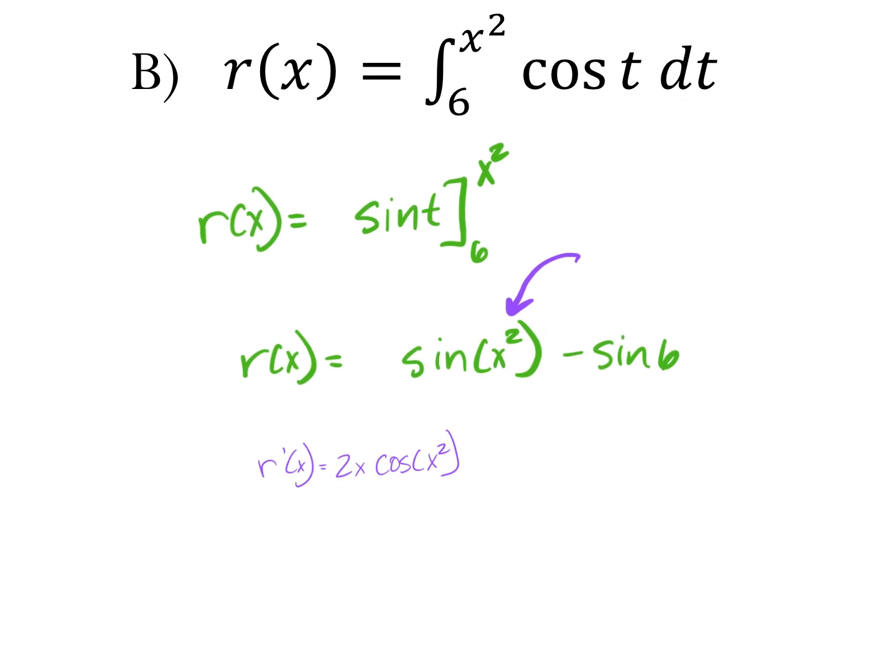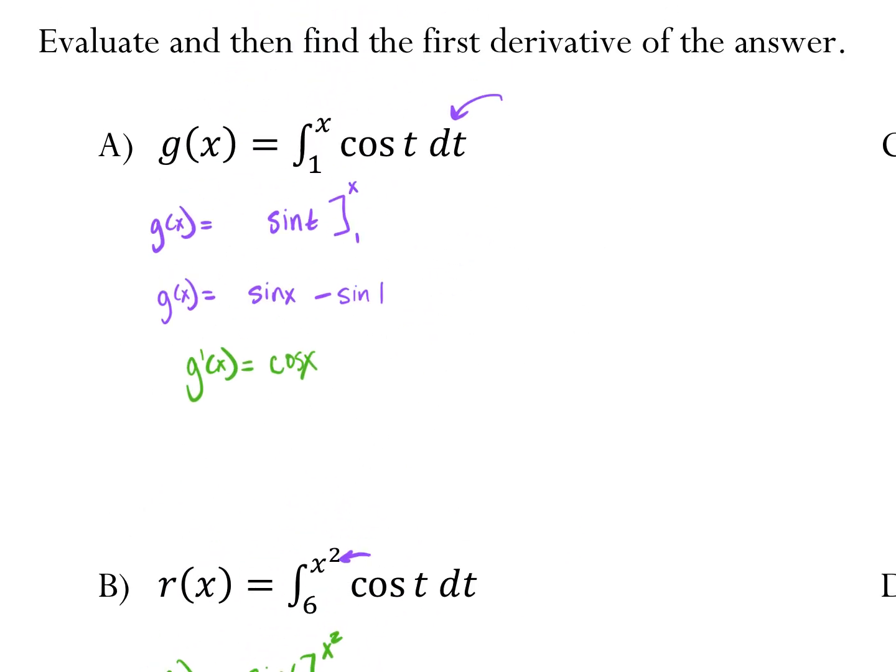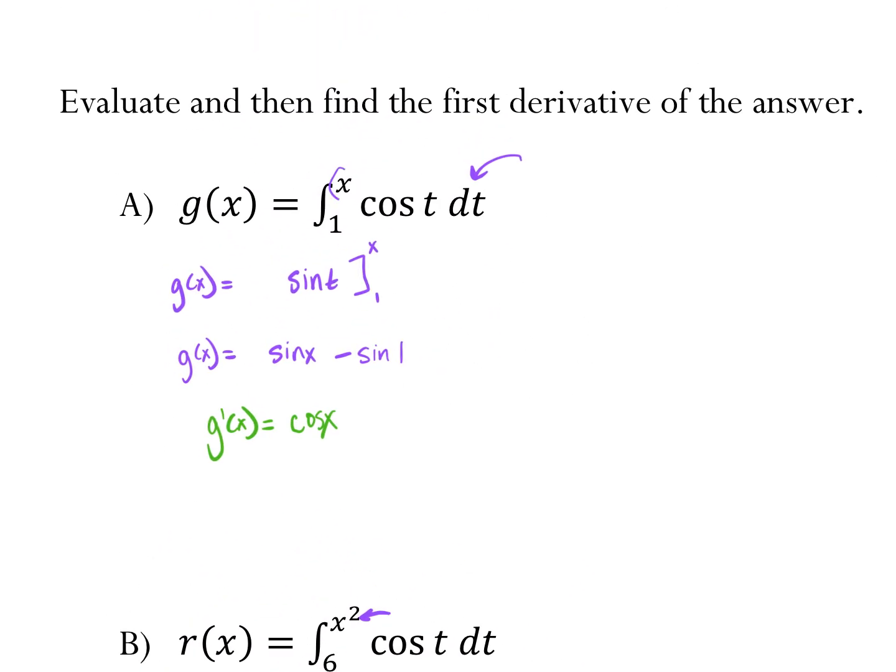So if my bound is a function, I have to consider that when I take my derivative. Okay? So in some respects, like up here, when I integrate this and then take the derivative, I'm going to end up right back where I started, except now I have an x in that spot, so I have to multiply by the derivative of whatever that bound is. Okay?